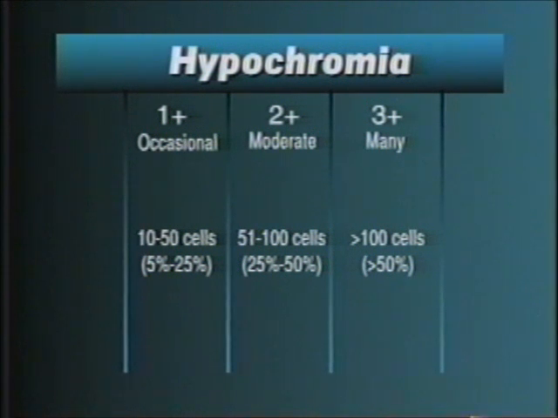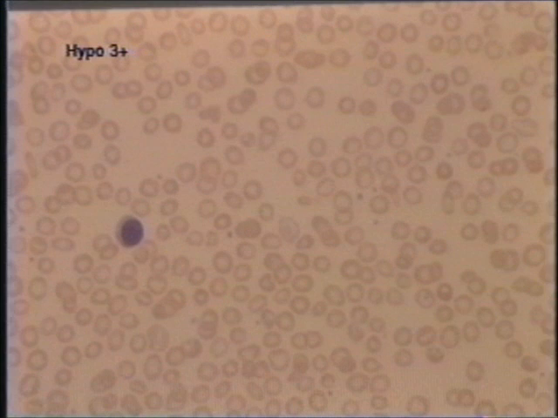If you do see hypochromia, one of the things you have to worry about is not the intensity of the hypochromia, but just the number of cells that are hypochromic. If we look at this example, it's quite simple to evaluate because over half of the field has hypochromia, so right away it's a 3+. We don't have to spend a lot of time enumerating when we see more than 50% of the field having that particular abnormality.